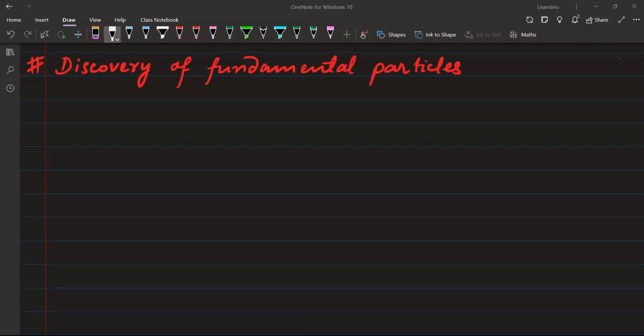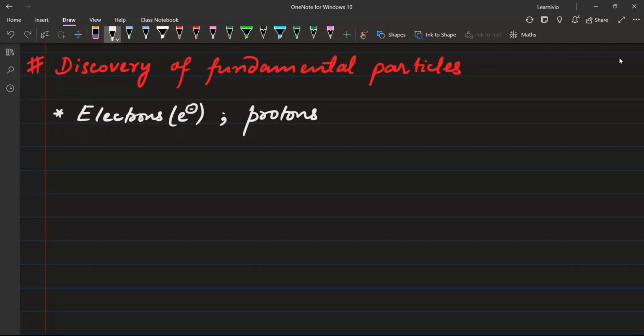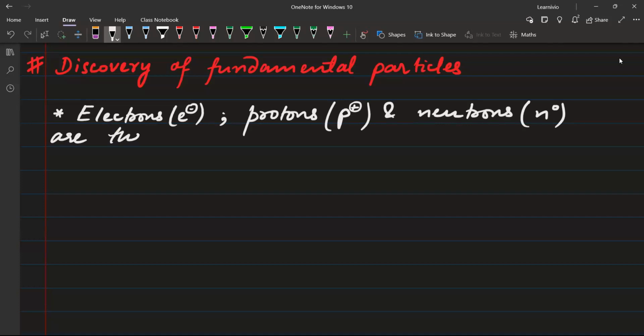First of all, we will talk about what the fundamental particles are. Electrons, that is e negative, which has a negative charge. Protons, we will denote this as e positive. And neutrons. In neutrons we write n0, so that you understand this is n0 meaning neutron, without any charge. These are the fundamental particles.